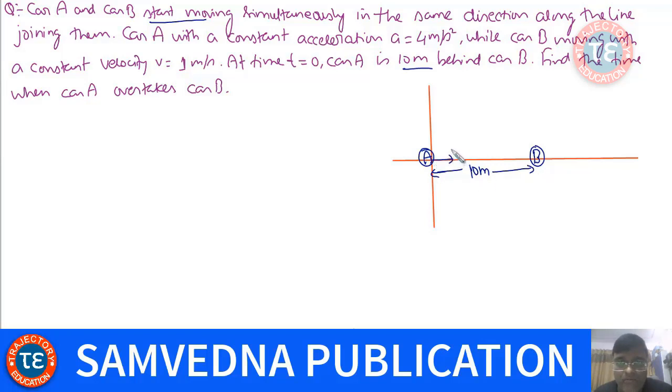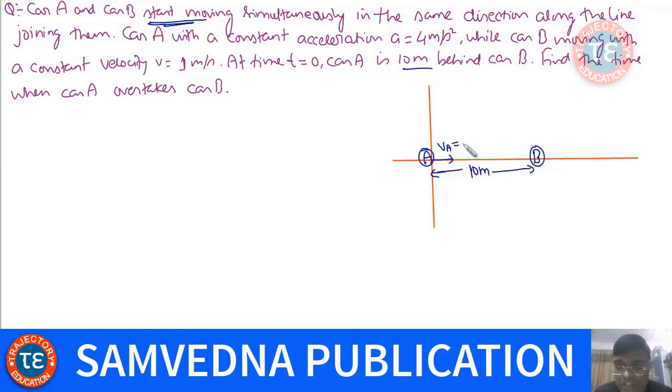So car A is moving with acceleration 4 meter per second square, and initial velocity I'll assume to be 0 since it starts moving. So what is the velocity of A?